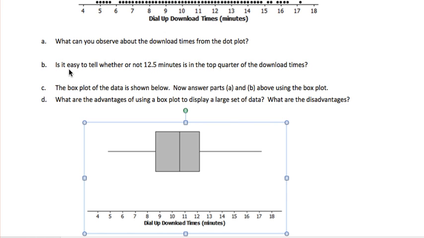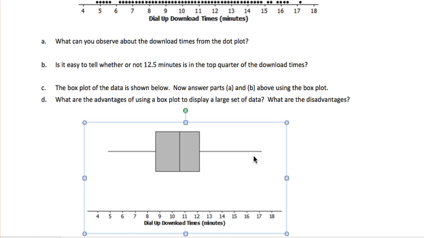Now, question B, is it easy to tell whether or not 12.5 minutes is in the top quarter of the download times? It's not easy to see because 12.5 appears to be the third quartile. So 12.5 minutes could be in both the third quartile as well as the upper fourth of the data.